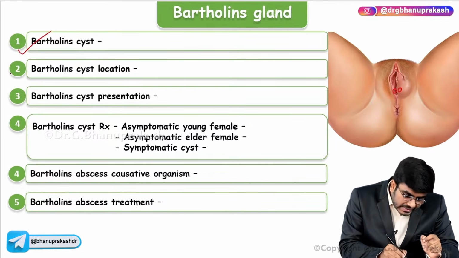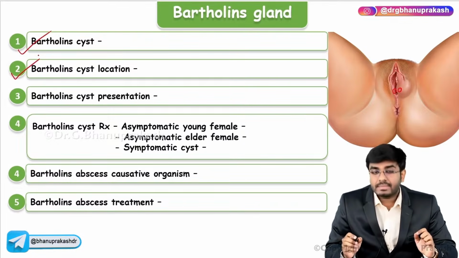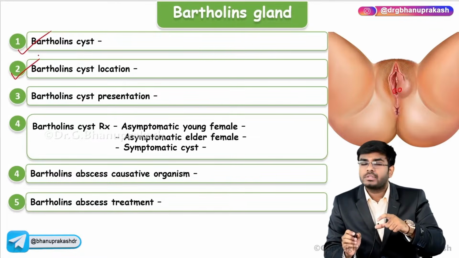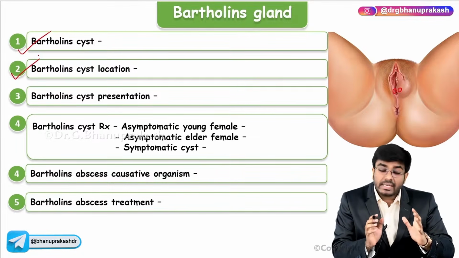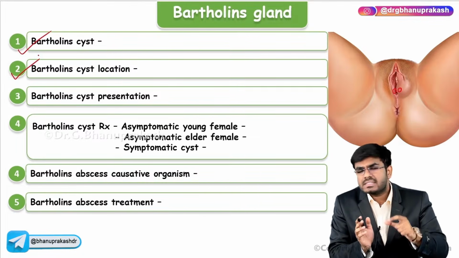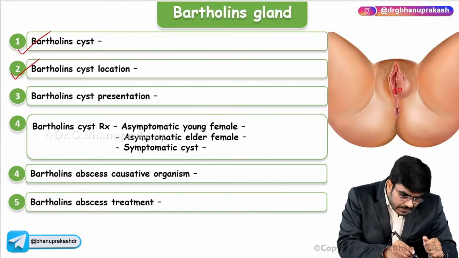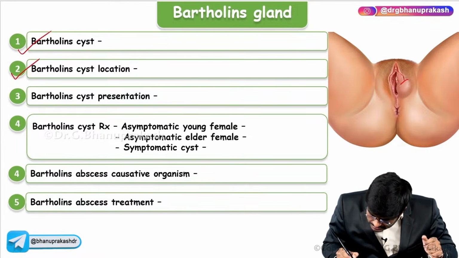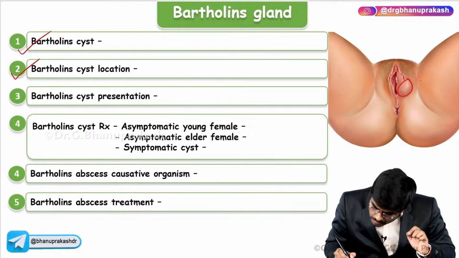Now, where exactly is this cyst going to be present? Guys, please remember, just by looking at the location of this cyst, you can say whether it's a Bartholin cyst or a skin gland cyst or some other cyst. So it's very important to know where exactly this Bartholin cyst presents. In this image, please concentrate, is the cyst present anteriorly or posteriorly? It is definitely present posteriorly.